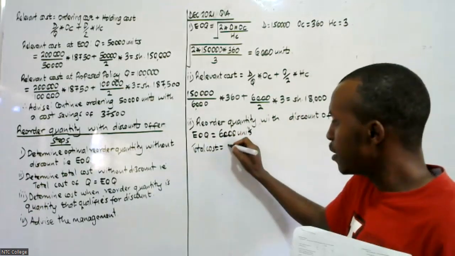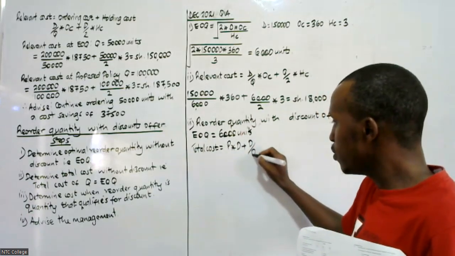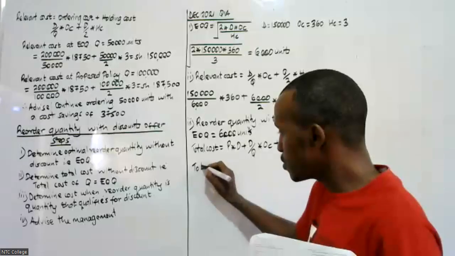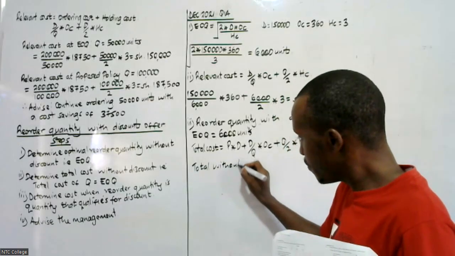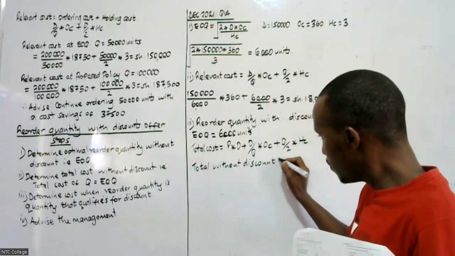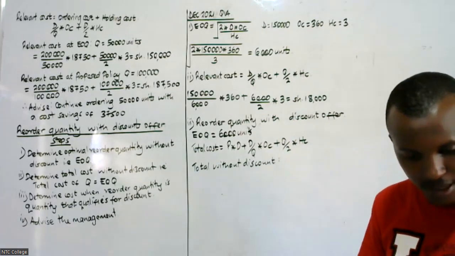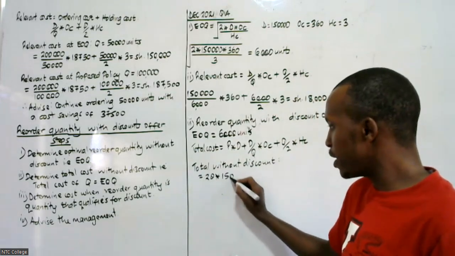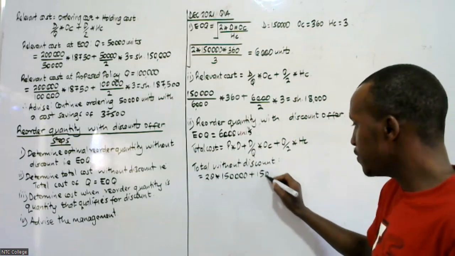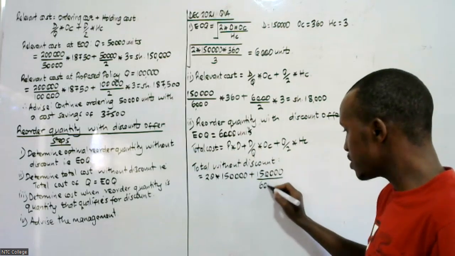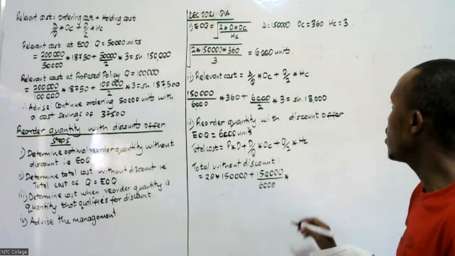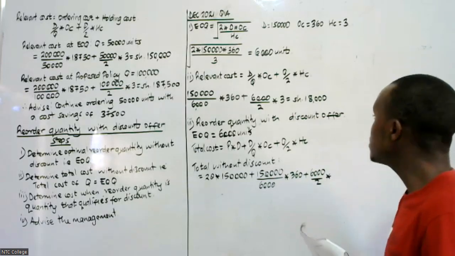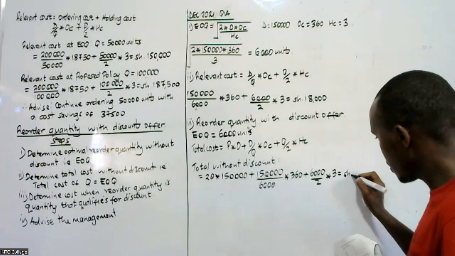The total cost is given by P times D plus D over Q times OC plus Q over 2 times C. So total cost without discount: your purchase price, also known as the cost per component, is 20 times your annual demand of 150,000, plus 150,000 divided by your EOQ of 6,000, multiplied by your ordering cost per order of 360, plus 6,000 divided by 2 times 3.